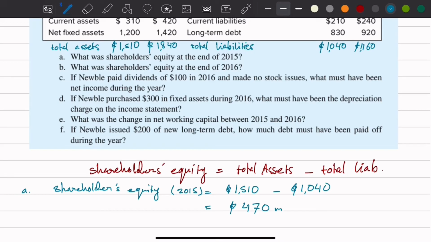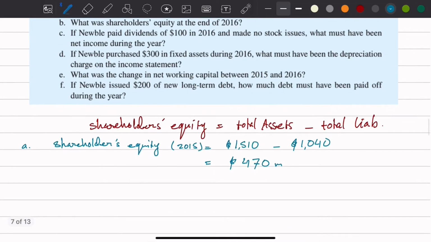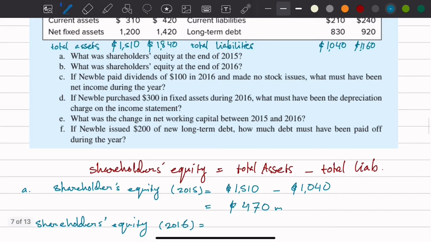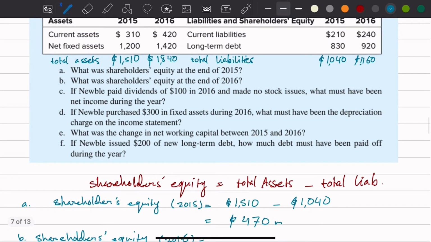And that's Part A. Part B, what was shareholders' equity at the end of 2016? So again, shareholders' equity for 2016. We'll do the same, but this time we're going to use 2016 numbers.